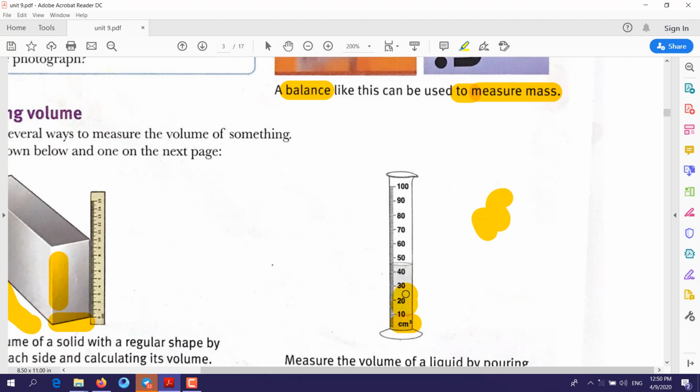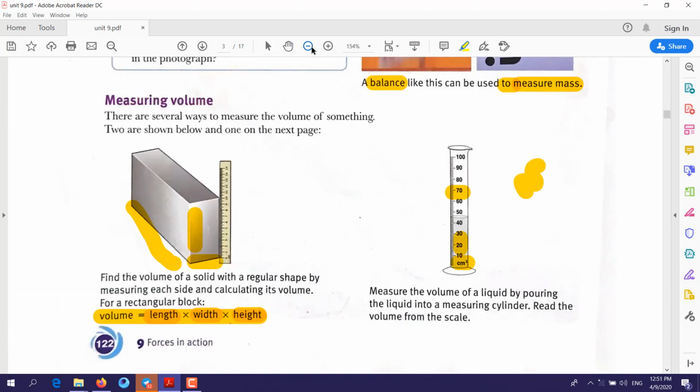When you put it in the water, the level of water will increase. Before putting the object here, it was 45. But let's say when you put in the object, it will be 70. Now, how will you find the volume of it? You will write 70 minus 45, and the result is the volume of the irregular shape.